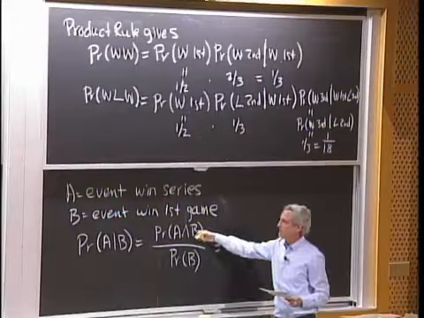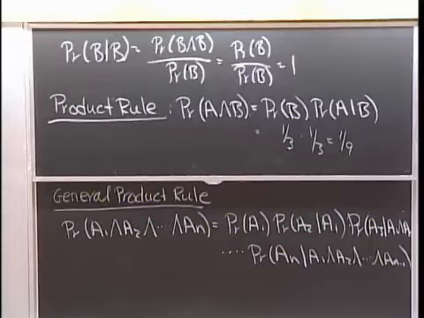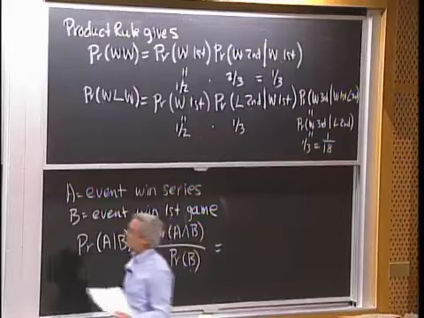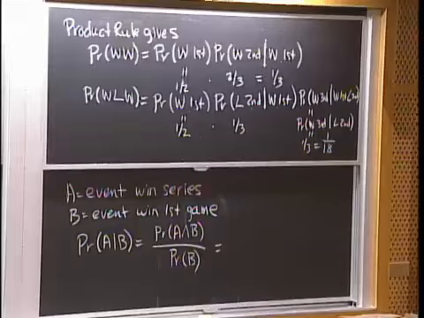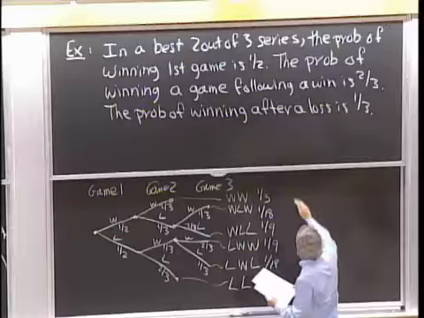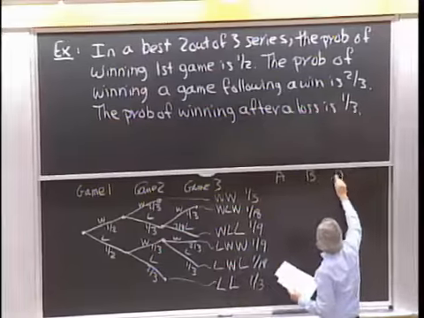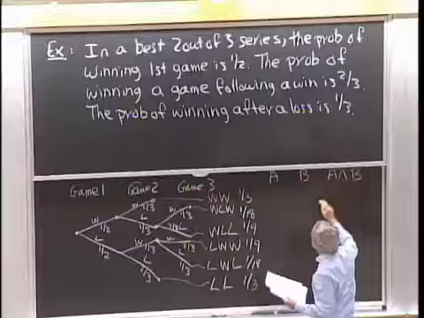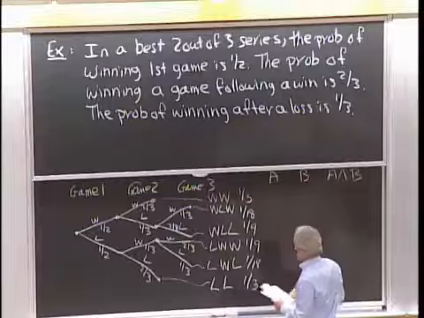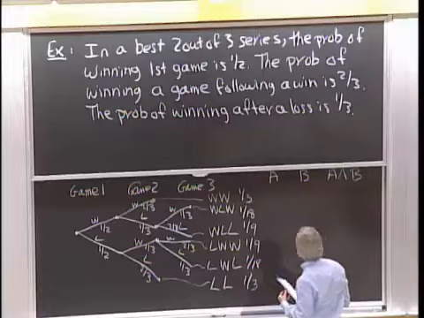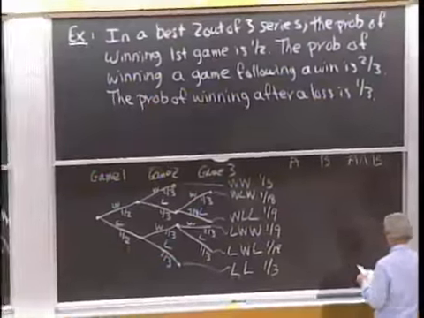So now I just have to compute these probabilities. To do that, I've got to figure out which sample points are in A and B here. All right, so let's write that down. There's A, B, A and B. A is the event that we win the series.